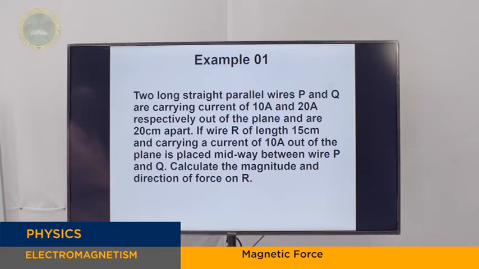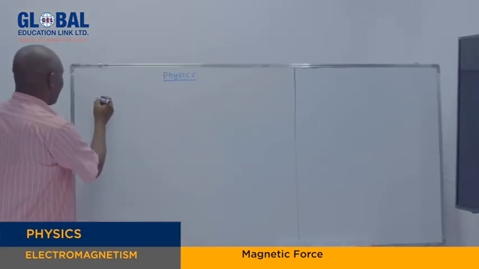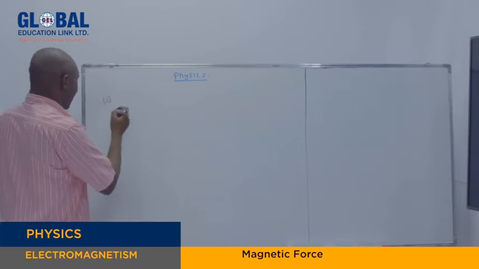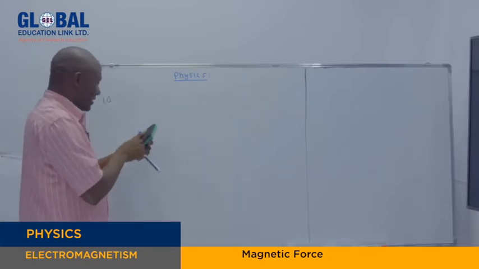From that, you know these two wires are not of a certain length; they are long, infinite wires. Step number 1, you should draw the diagram which shows the nature of the question.